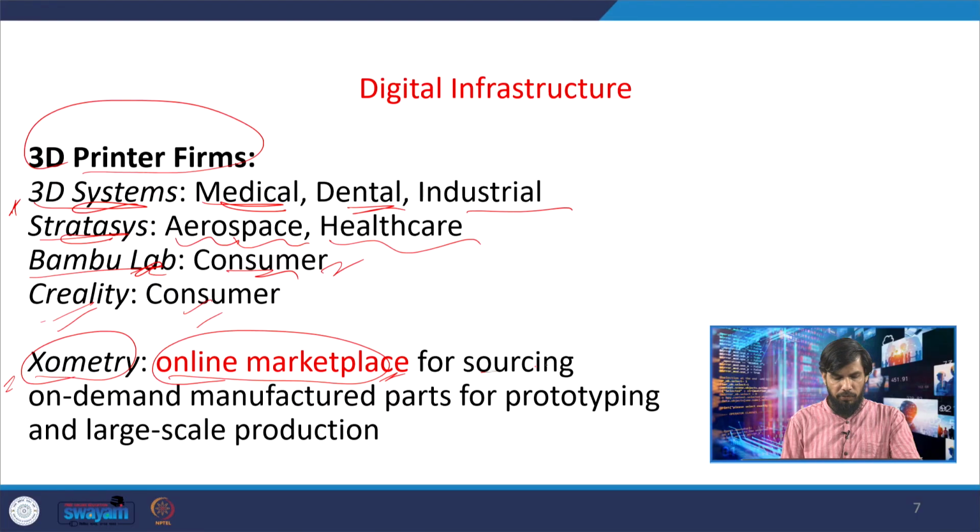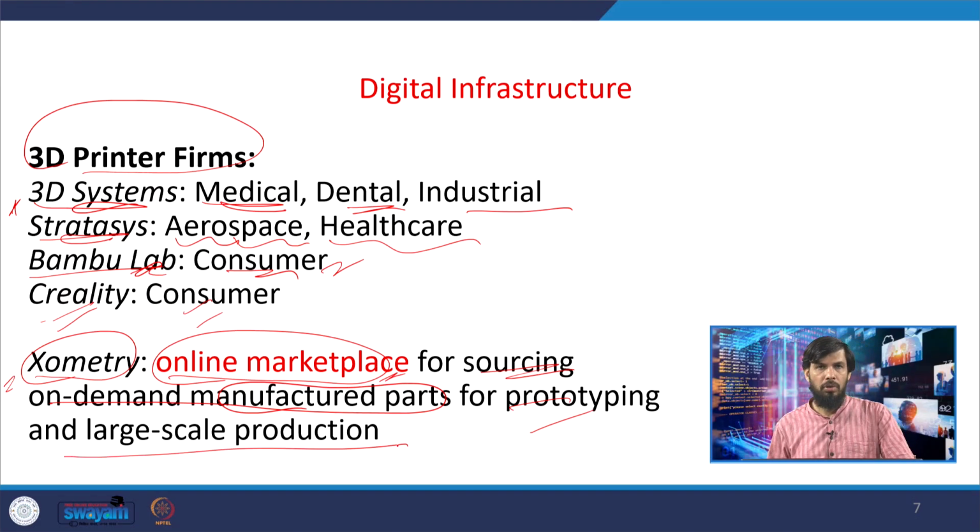So it is an online marketplace for sourcing on-demand manufactured parts for prototyping and large scale production. You can source the parts that you need for your large scale production, and there would be regular firms plus firms giving 3D printing services. So these are some of the industrial use cases for 3D printers.